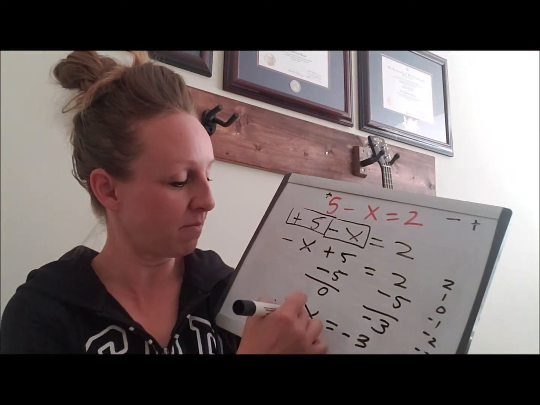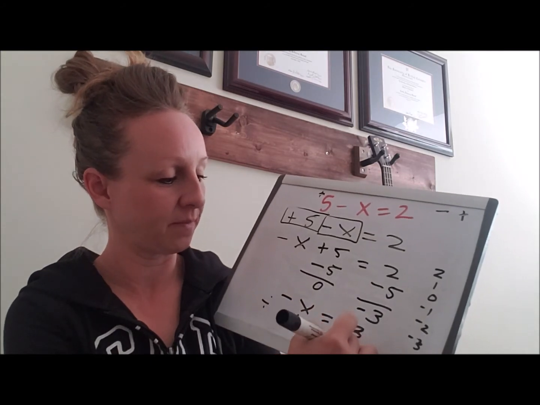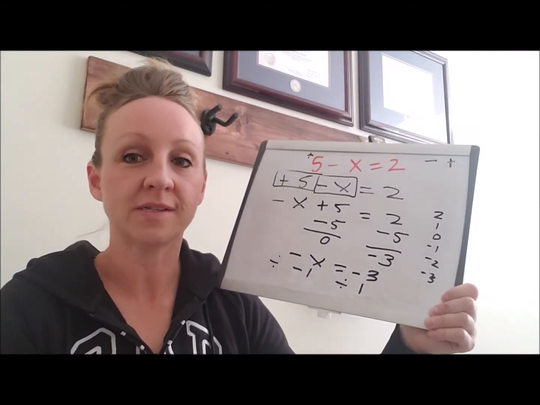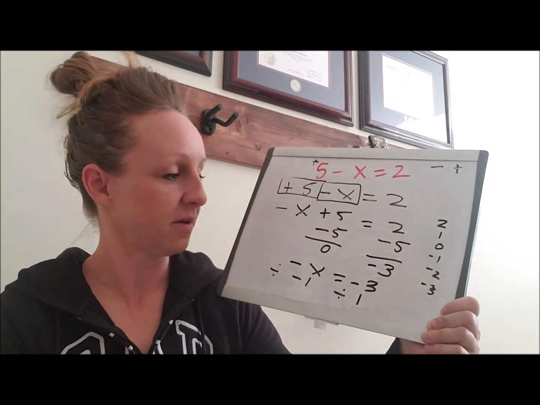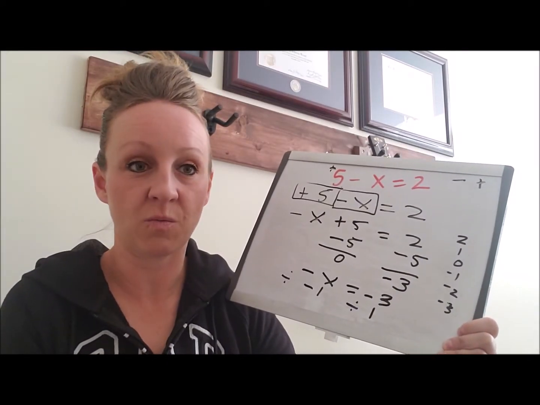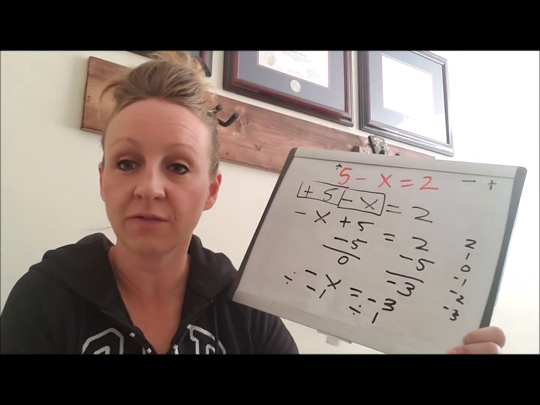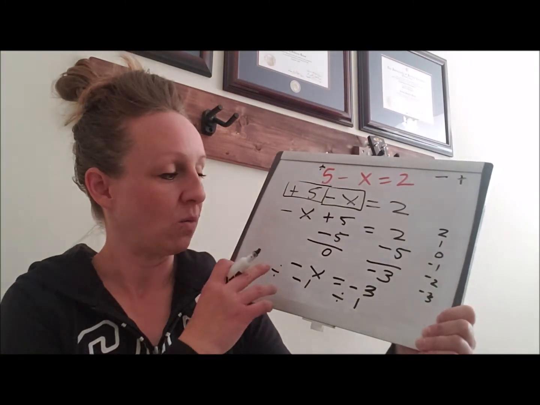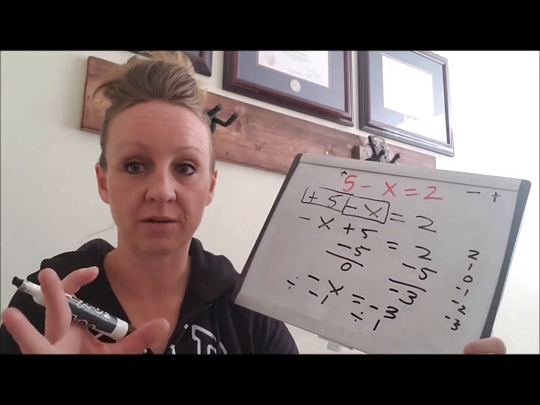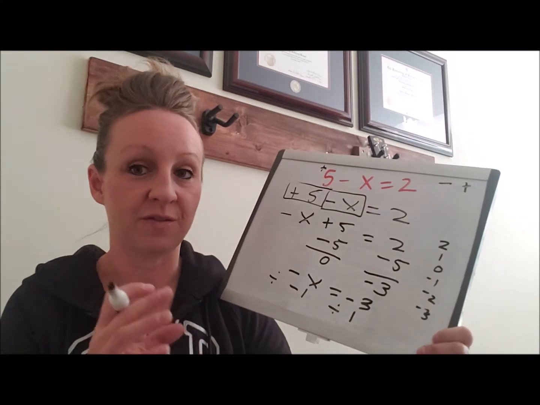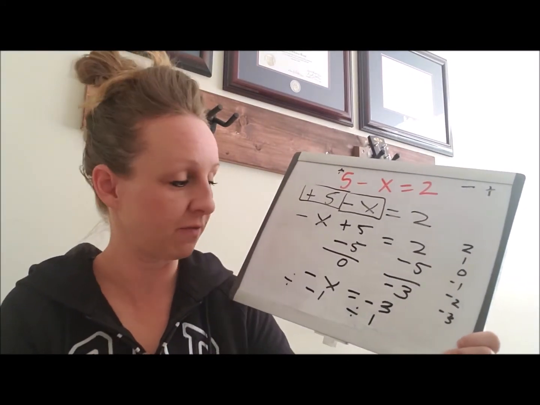I'm going to divide them both by negative 1, because what I do to one side, I have to do to the other. And we know that if you divide something by 1, it's still itself. And hopefully you remember, maybe you forget this part, that if you divide a negative by a negative, it makes a positive.